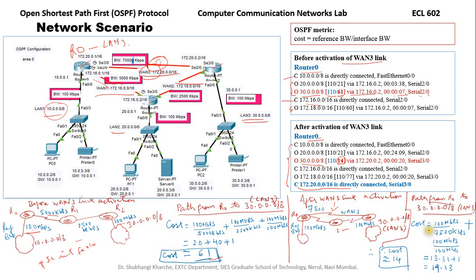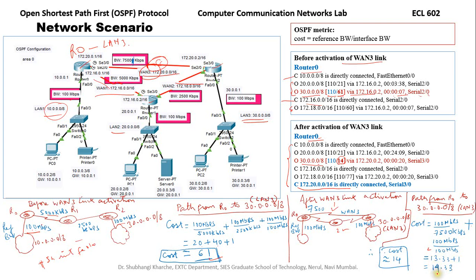The cost will be calculated as reference bandwidth 100 Mbps divided by 7500 kilobits per second, plus again the reference bandwidth 100 Mbps divided by the 100 Mbps bandwidth for this link. So in this entire path there are two links, this WAN 3 link and this Fast Ethernet interface link. So the cost will be equal to 100 by 7500, which is 13.33, plus 100 by 100, which is 1.